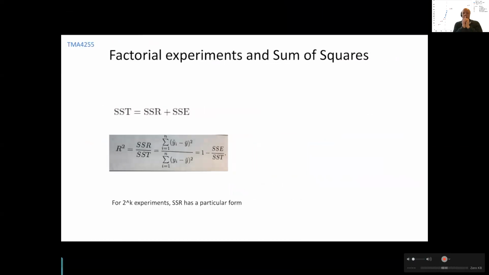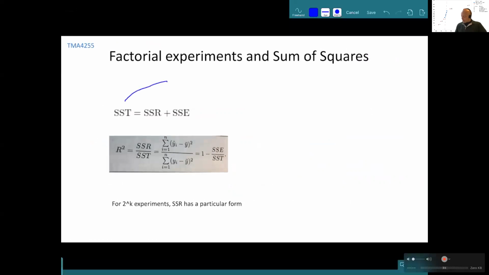Just like we have in regression and in particular in analysis of variance studies, we can choose to split the variance into different components. The total sum of squares is then comparing the data with its mean. We just take the mean of the data over all combinations.